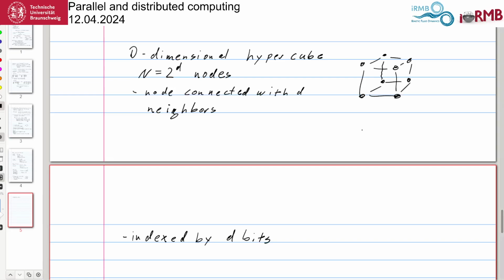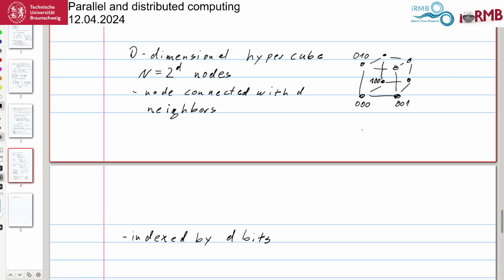So each node has its index. They need to have an address, and this is done here by an index. We'll call this one down here index 0, 0, 0. It's three-dimensional, so it will have 3 bits for the index. We call this one here 0, 0, 1. This we call 0, 1, 0. And this back here we call 1, 0, 0.